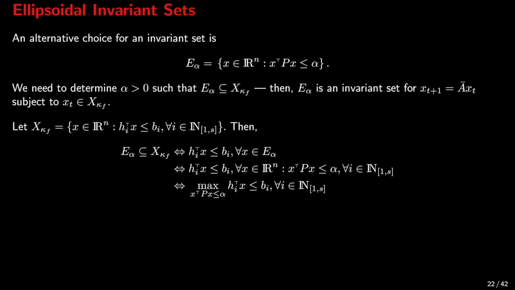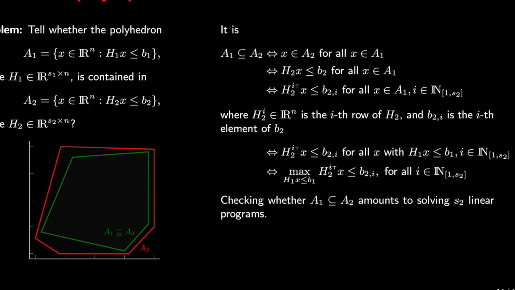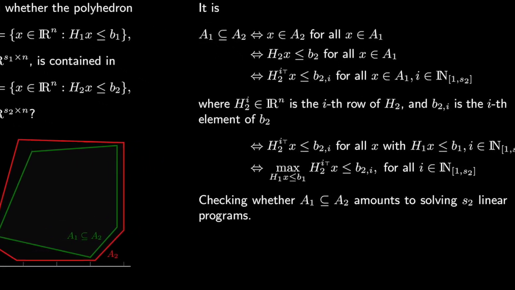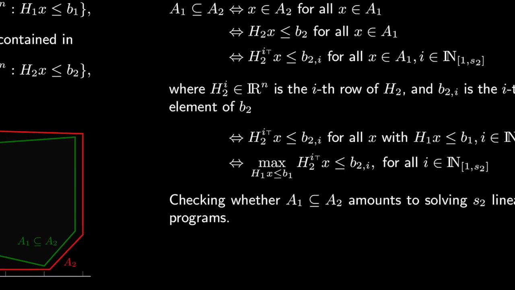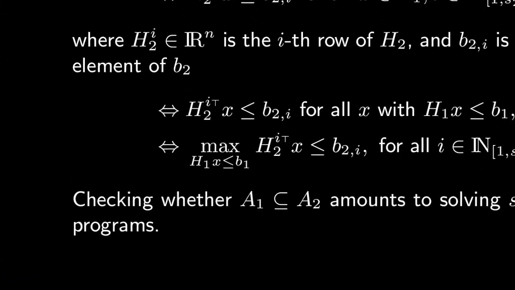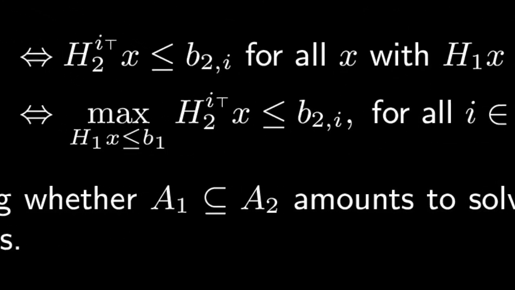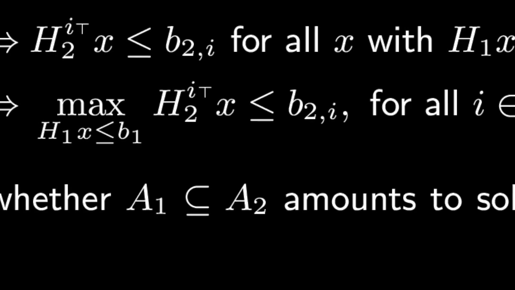This must be familiar because it has exactly the same form as previously, when we had discussed under what conditions one polytope is a subset of another polytope, or one polyhedron is a subset of another polyhedron.